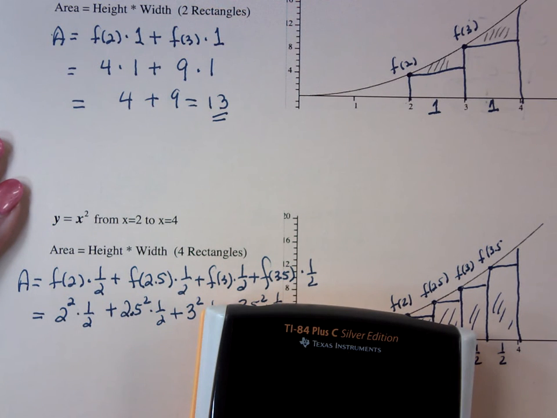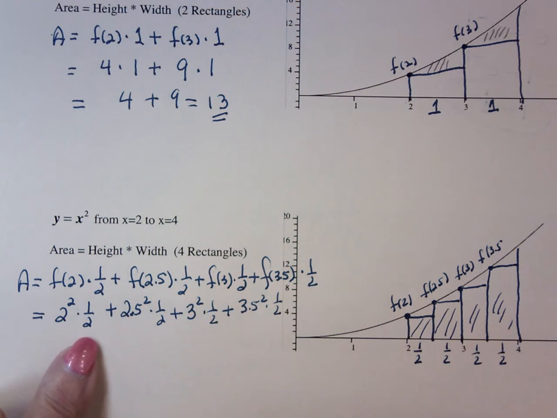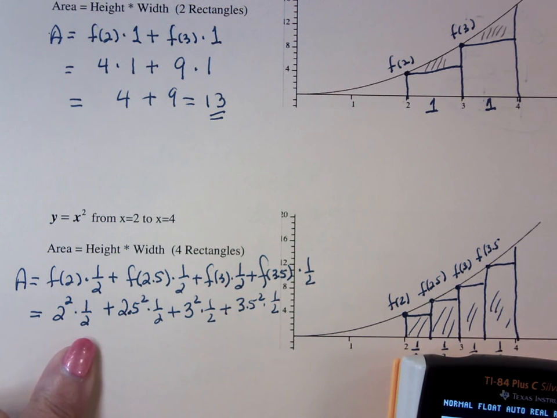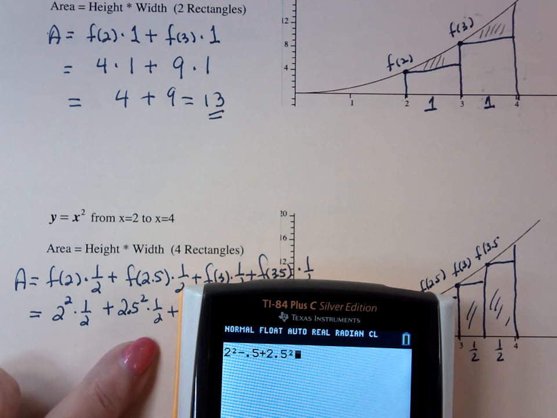Now if I put it into my handy dandy little calculator, I'm going to have 2 squared times 0.5, plus 2.5 squared times 0.5, plus 3 squared times 0.5, plus 3.5 squared times 0.5.